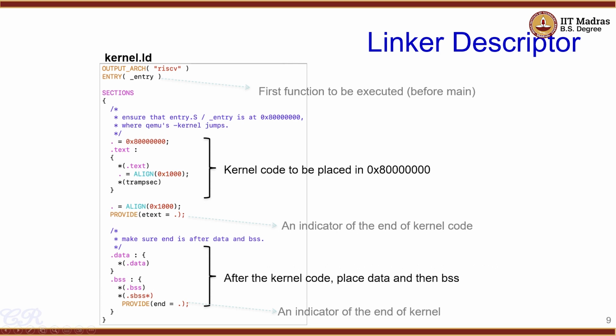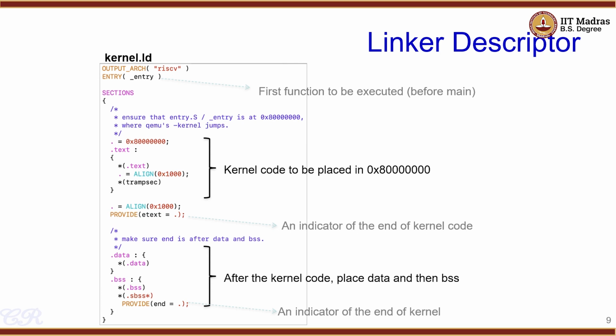In a very similar way, we have sections for the data and another section called the .bss, and finally a marker called end. The indicator etext provides the end of the kernel source code.